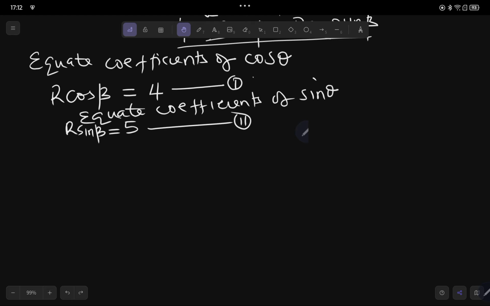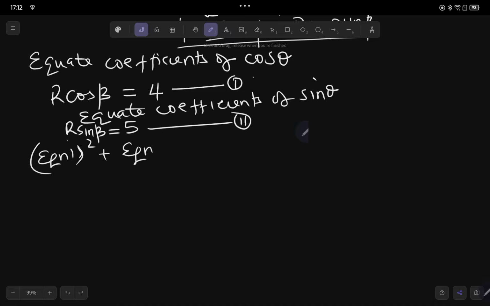How do we get the value of r? What if we square, from our first lesson of trigonometry? Since these ones all have r as the coefficient, if we square the two and factorize out and then add them, then factorize out the r squared, we get something which can reduce to 1. So equation 1 squared plus equation 2 squared.